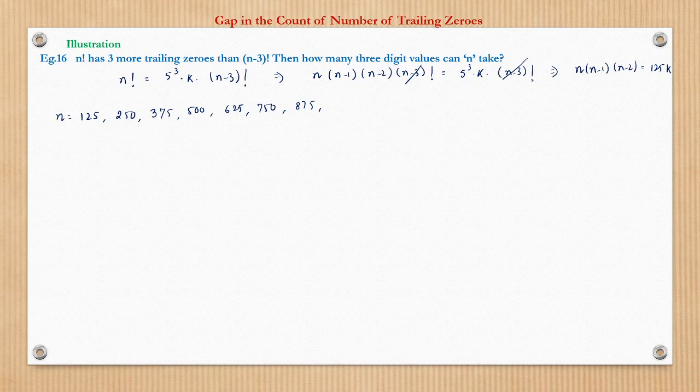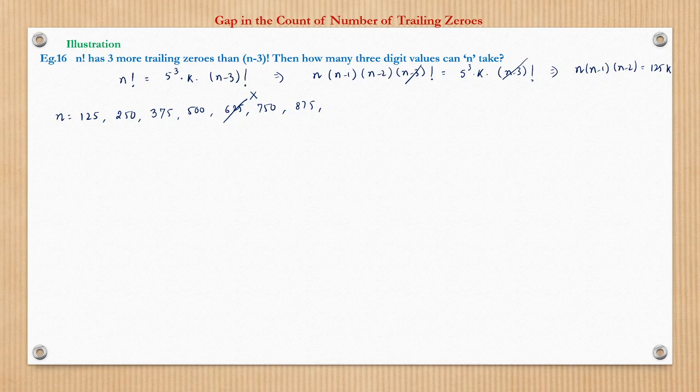That's it. But even 625 would not be there, because if 625 would be there, then it will have four factors. So this we will take out, because this has four powers of 5. So what remains is only 1, 2, 3, 4, 5, 6 cases, right? 6 cases are there in front of us.